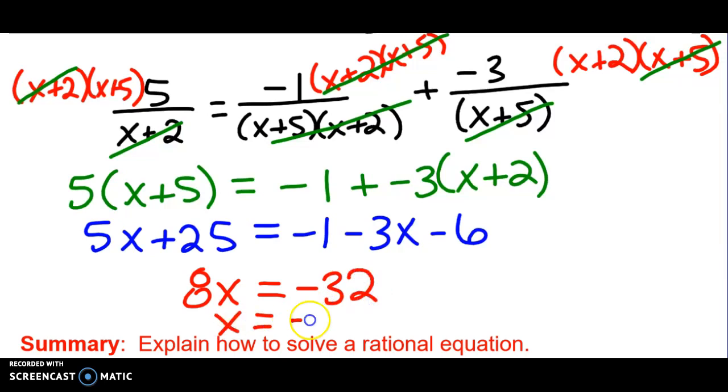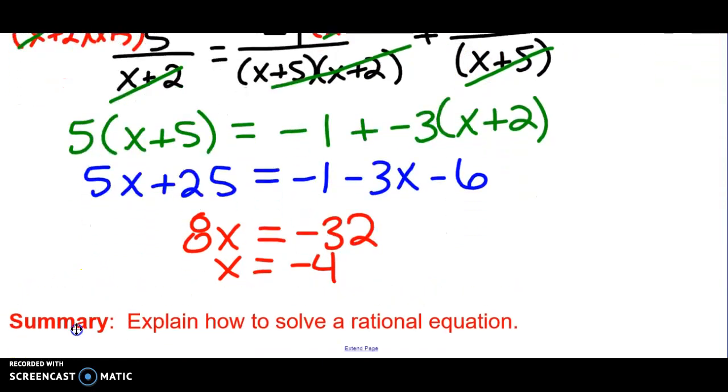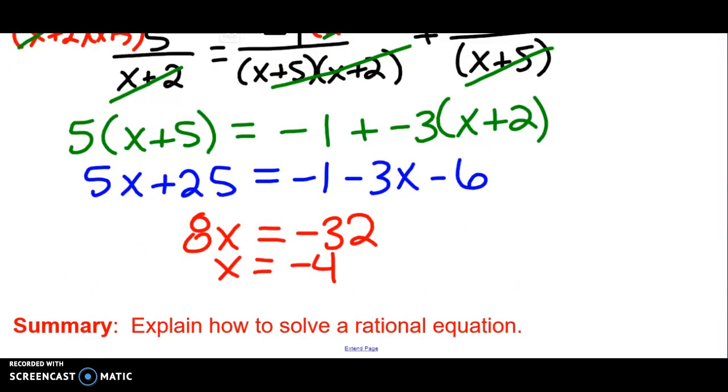And so we get x equals negative 4. And if we look at the denominators, we don't have any that are restricted in the denominator. You can check the full equation, but most likely this is our solution of x equals negative 4.